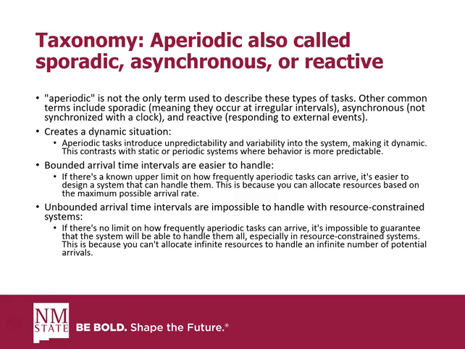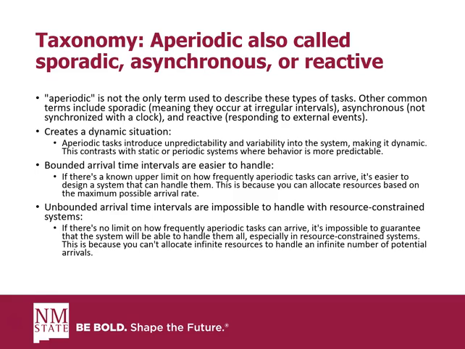This unpredictability creates a dynamic situation. Aperiodic tasks introduce variability into the system. This contrasts with static or periodic systems where behavior is more predictable. As we can see, an aperiodic task introduces unpredictability and variability into the system, making it dynamic.